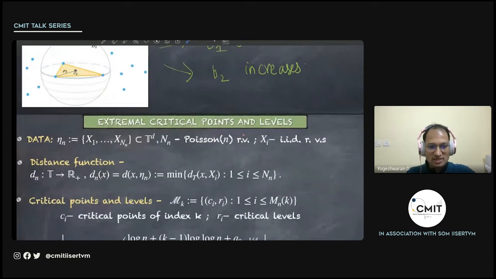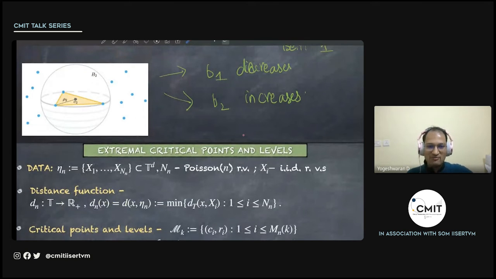Fine. So let's go back to our question. What do we have? We have data, a bunch of points, which are random in number, IID points. We have the distance function, well approximated by smooth functions. We can make sense of critical points and critical levels.